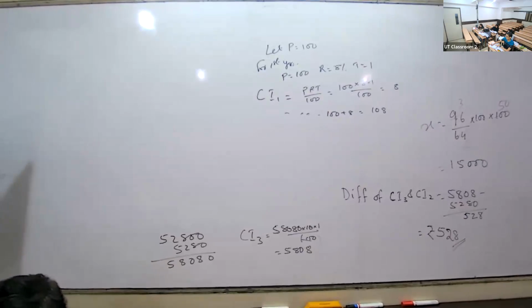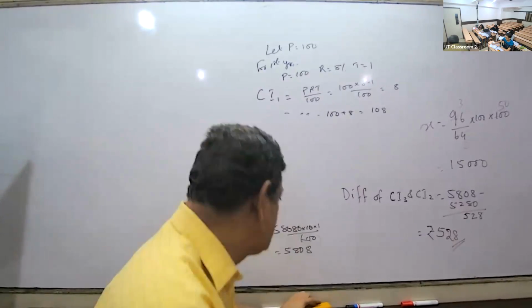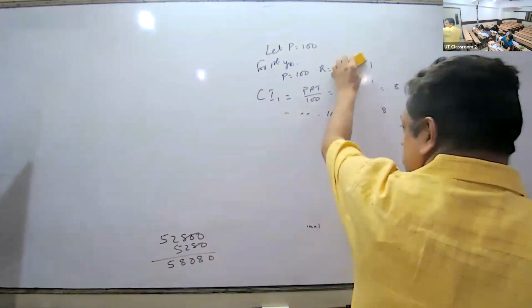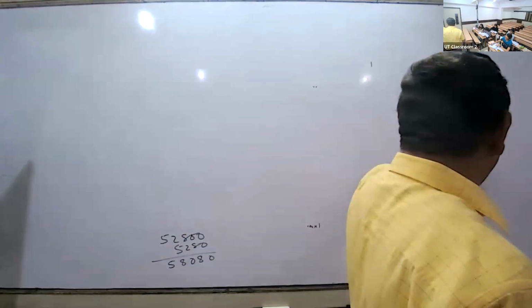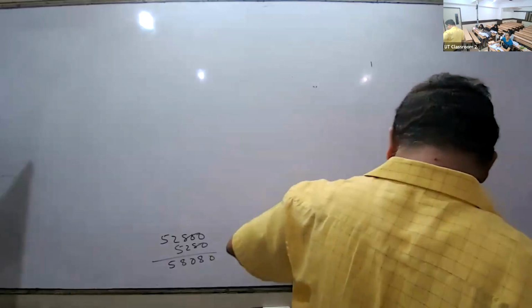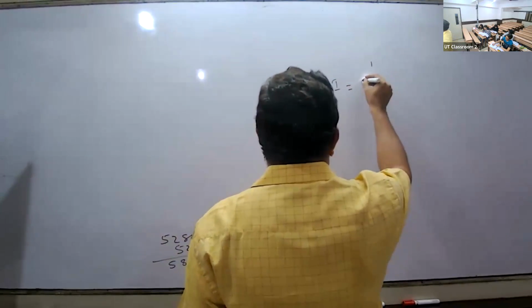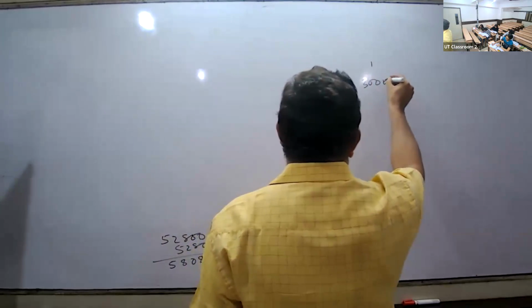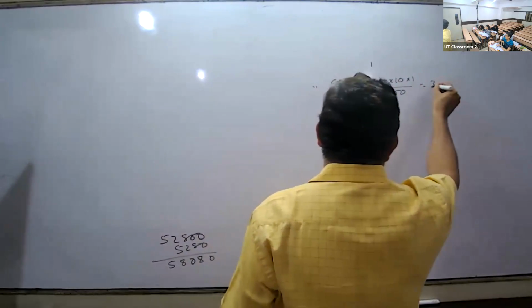Therefore, the first year's amount becomes the principal for second year. For second year, P is equal to 3,000, R is equal to 10%, T is equal to 1. Therefore, I is 3,000 into 10 into 1 by 100, which is 300.